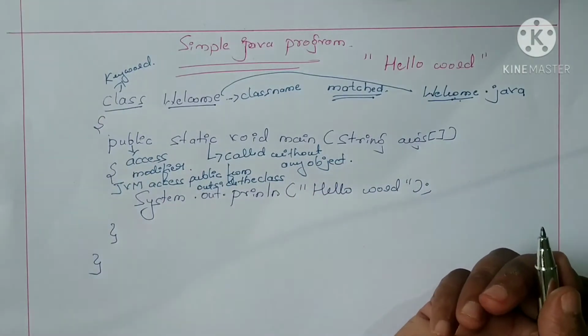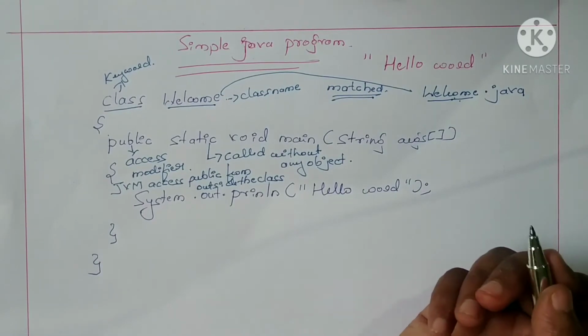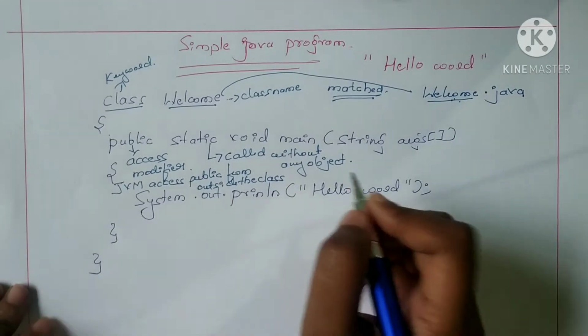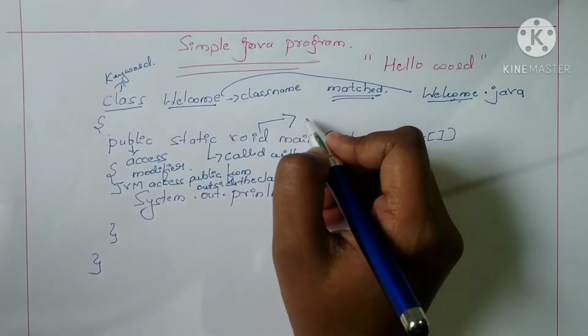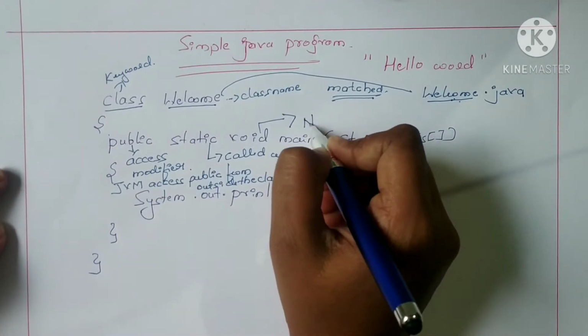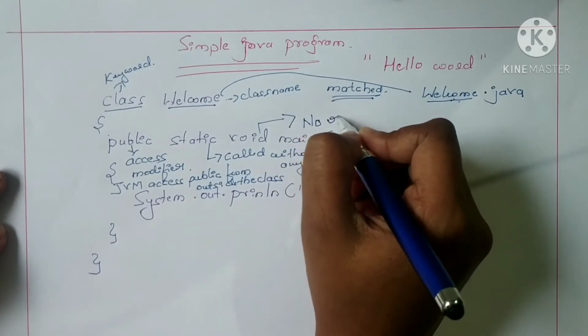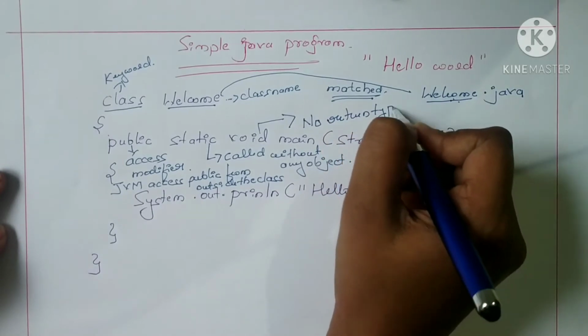Actually, every Java program requires an object to call methods. Here, static is called without any object in our program. Then next is void. Void is nothing. No value or no return type.